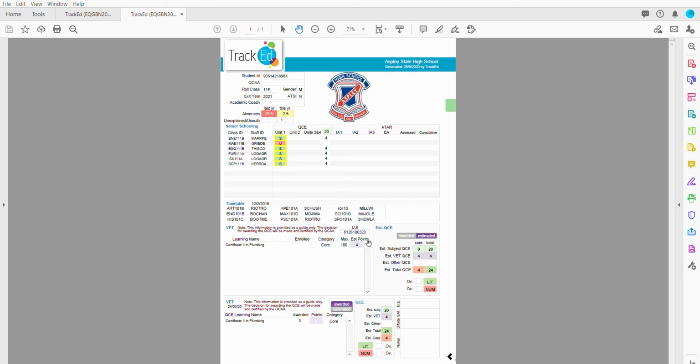That is based obviously on them successfully completing that course, whatever the duration for that course might be. Okay. So in a nutshell, that is a summary of the information that is included on a student's TrackEd information, and depending on what point in time they are determines how complete that information is for tracking purposes.